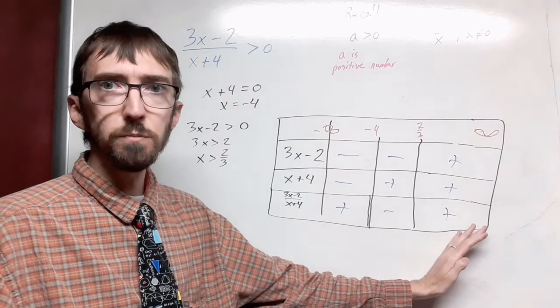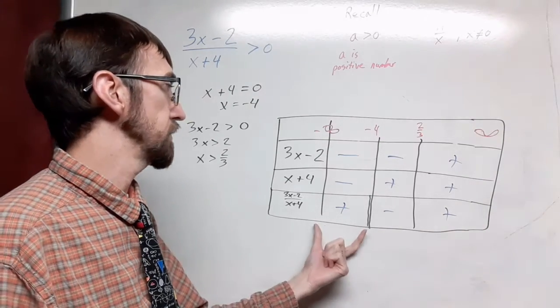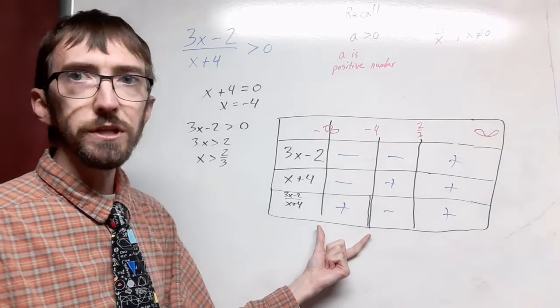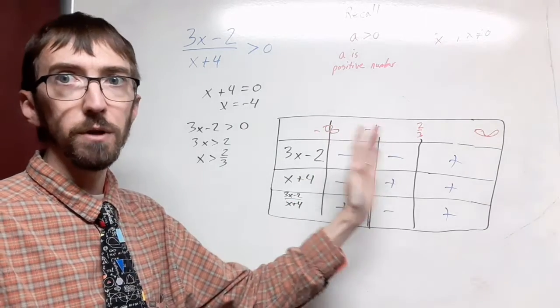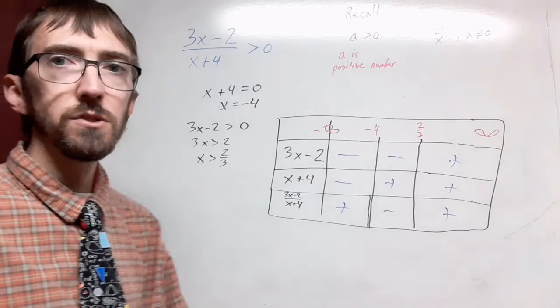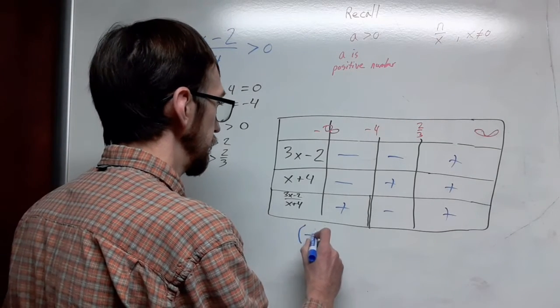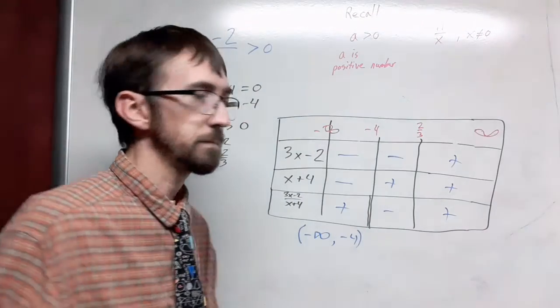So I have 2 positives in my quotient line. I have this first one and this second one. So in my first one, which interval is this? Well, this is negative infinity to negative 4, but not including negative 4. So in interval notation, we're going to have a parenthesis, negative infinity, comma, negative 4, parenthesis.